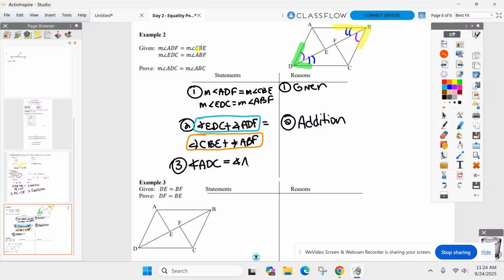ABC. And what did you and Sully just do there? What did we do? We replaced it. We did substitution. And if you haven't picked up yet, yes, after you add, you will probably have to substitute immediately in the next step. That'll be the case all year long.